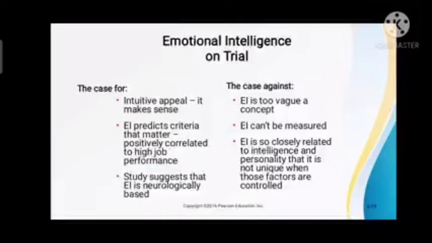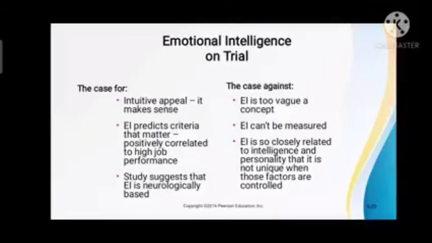Emotional intelligence on trial. The case for: intuitive appeal. It makes sense. EI predicts criteria that matter, positively correlated to high job performance. Studies suggest that emotional intelligence is neurologically based. The case against: emotional intelligence is too vague a concept.